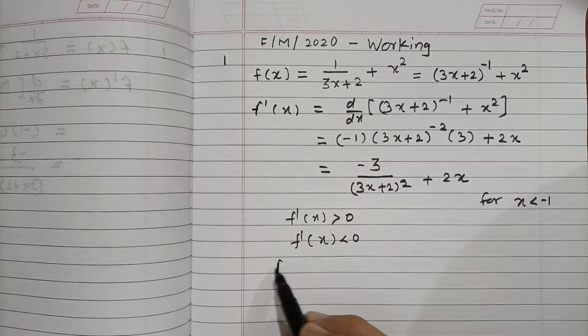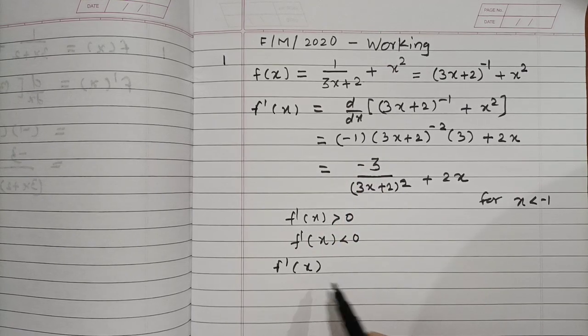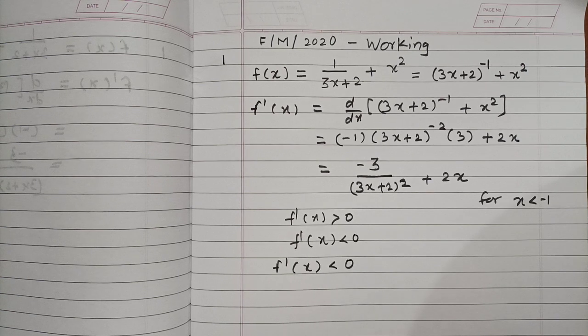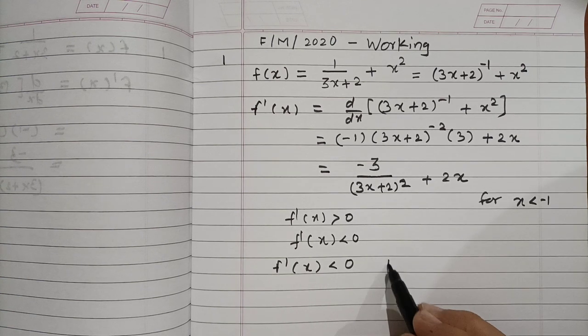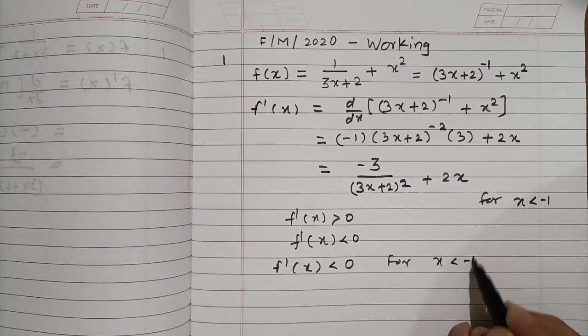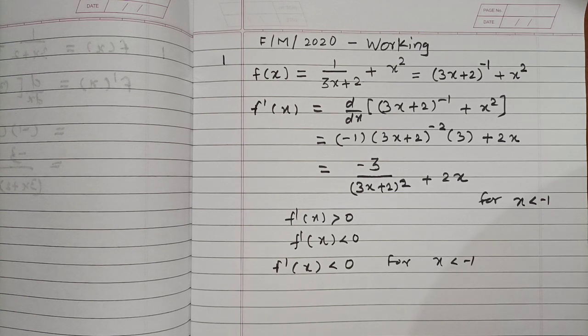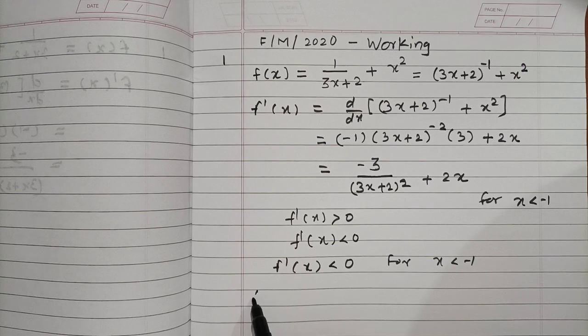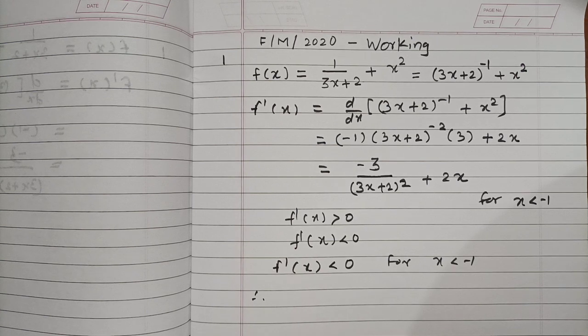So f dash x is less than 0 for x less than minus 1. So therefore we can say that f is a decreasing function.